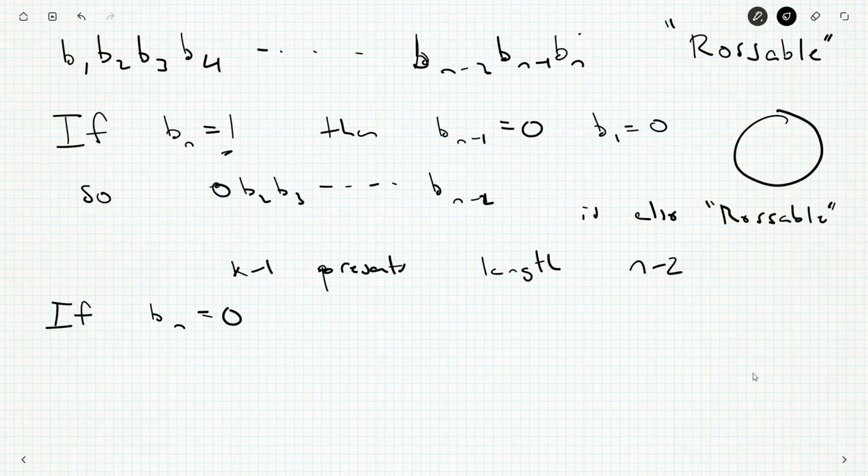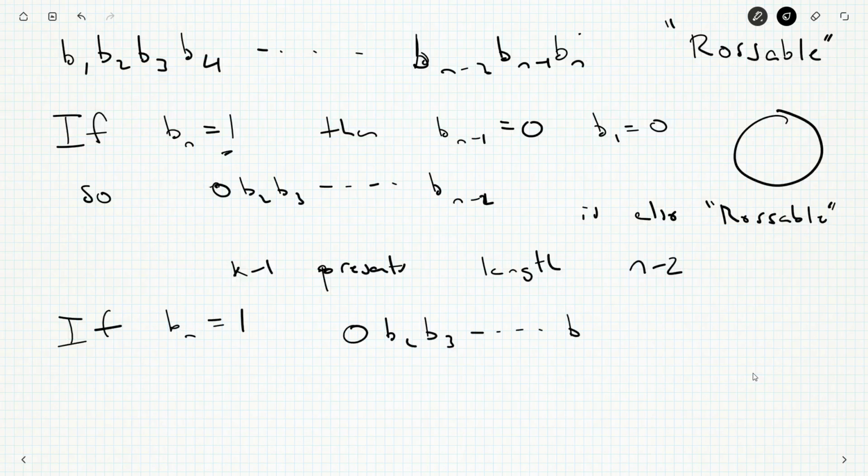But if it's 0, what could we do? Or maybe this is how I should be counting things. So, if Bn is 1, then I've got 0, some stuff, 0, and Bn.